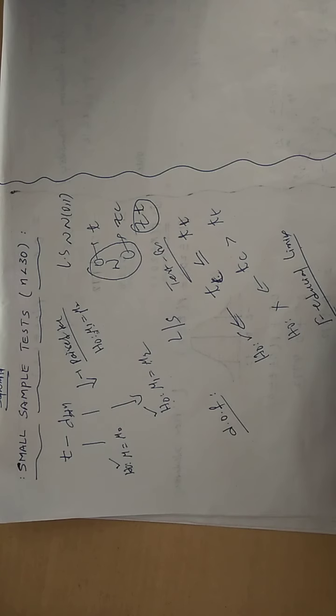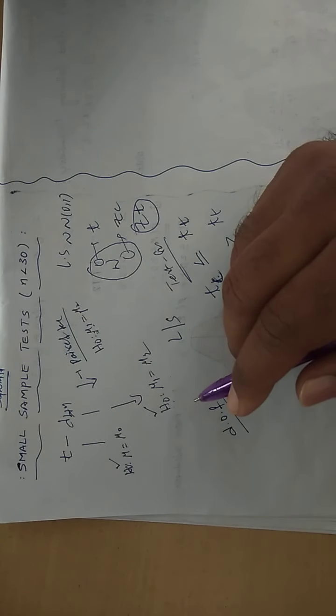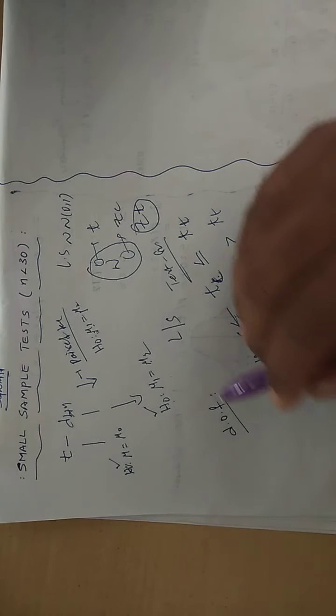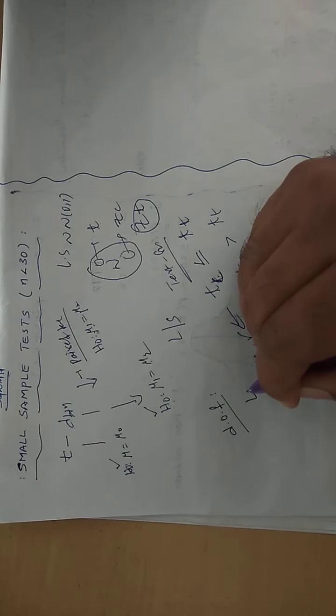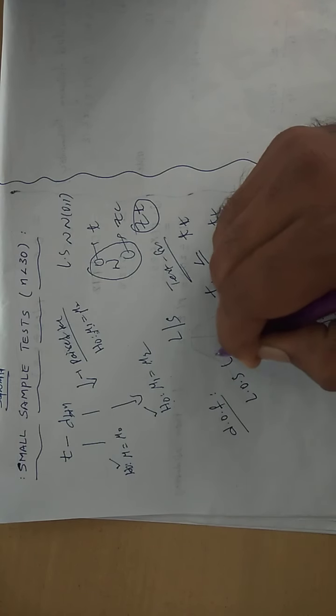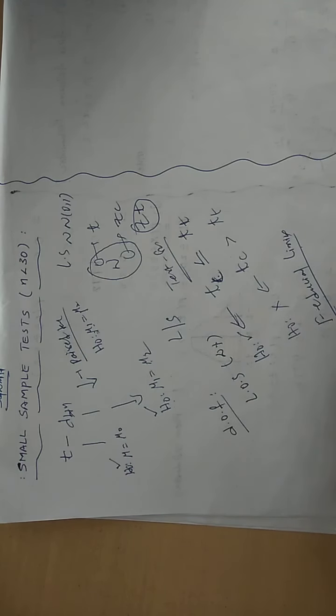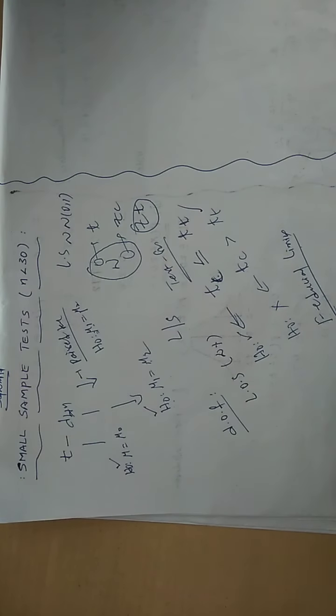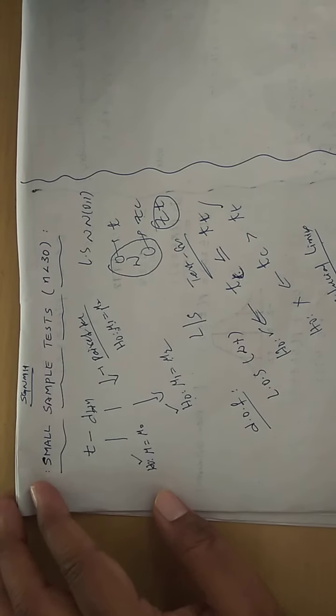Yesterday we were discussing what we mean by degrees of freedom. The degrees of freedom value is compared with the given LOS value. What is LOS? Alpha percent critical values, and based upon that you get the table value. The only difference here is that the degrees of freedom and formula are going to change. This is the small sample test.